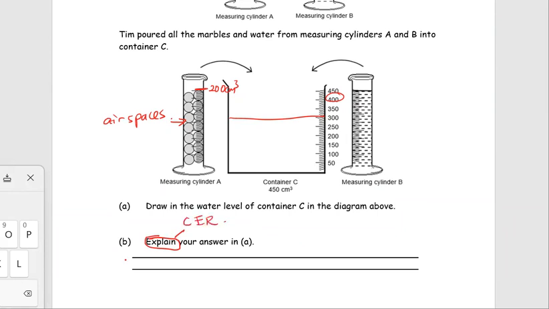CER, the claim, evidence, and concept. In this case, there's no claim. They are not asking a question. So I just give the evidence. What did I see that tells me that the water level will not reach 400?